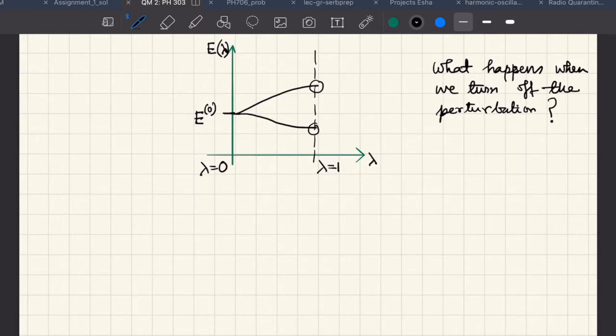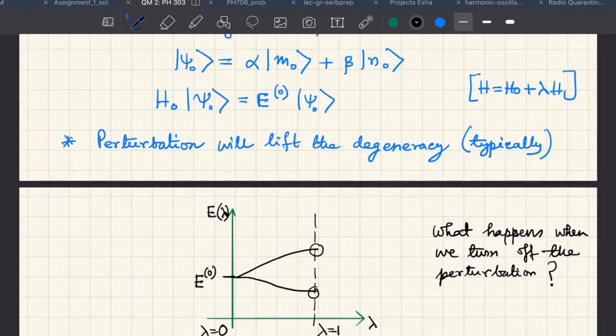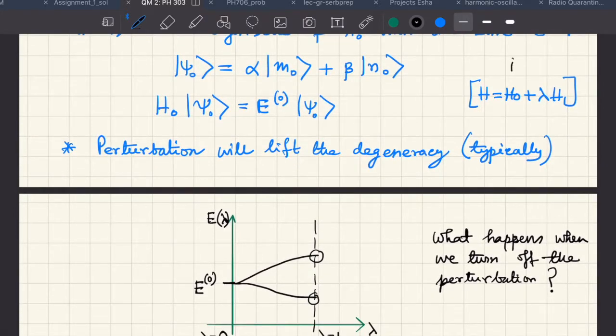Now, therefore, for the moment, let's just write the good unperturbed states the way we have written here. Let us number these equations. Suppose this is equation 1, this is equation 2. So to start with, let us just write the good unperturbed state as we have written in equation 1, keeping these alpha and beta adjustable.